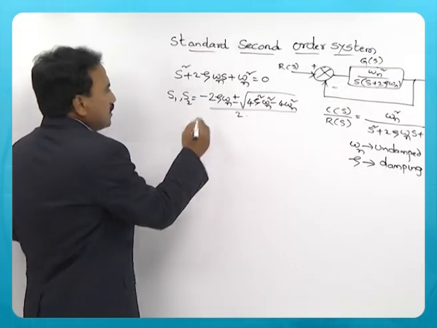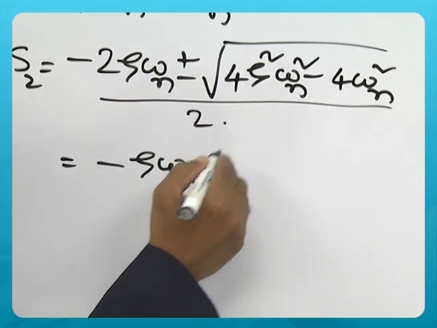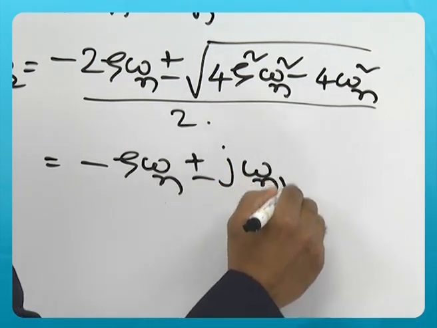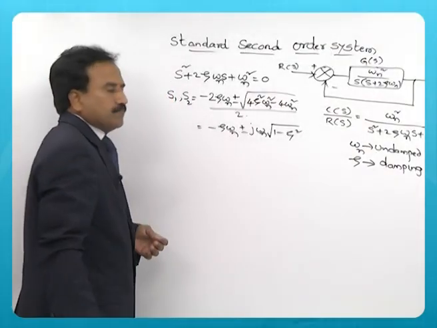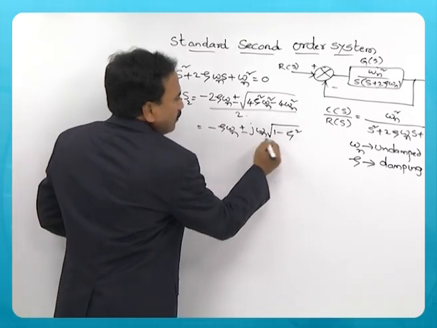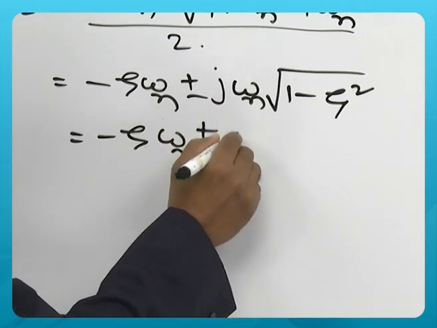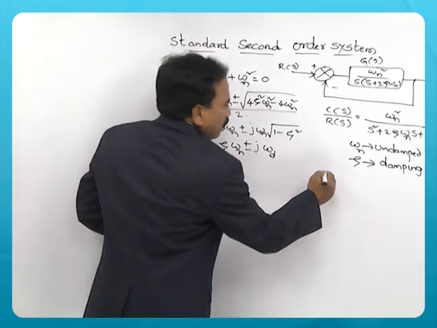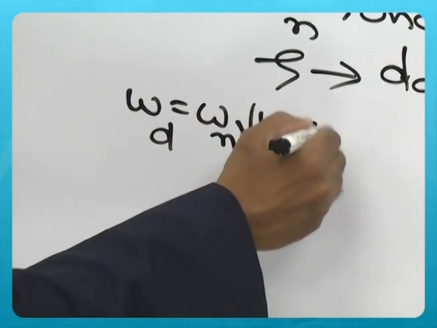If you simplify the two roots, you get minus zeta omega n plus or minus j omega n under root 1 minus zeta square. This is actually minus zeta omega n plus or minus j omega d, where omega d is equal to omega n under root of 1 minus zeta square.